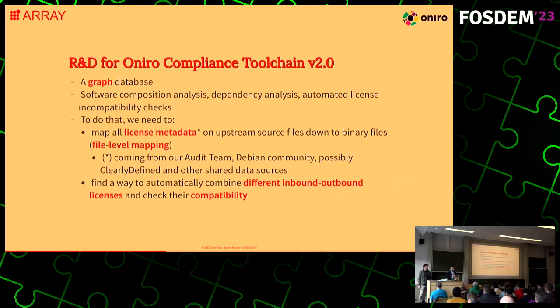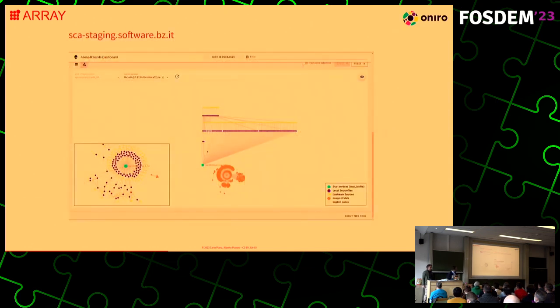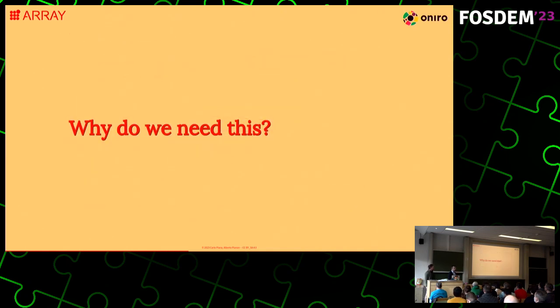Finally, we need to find a way to automatically, as much as possible, see if the inbound and outbound licenses are compatible with each other through automated tools. So this is, in a very short time, the general description. Here is an example of the relationship between components in the database. And there is the next bit, which is perhaps more interesting, and I give the floor to Alberto.